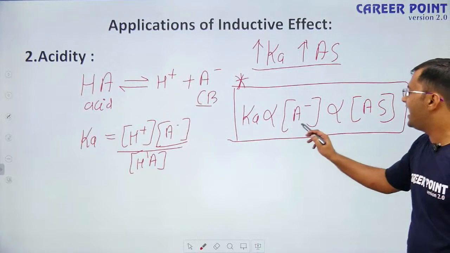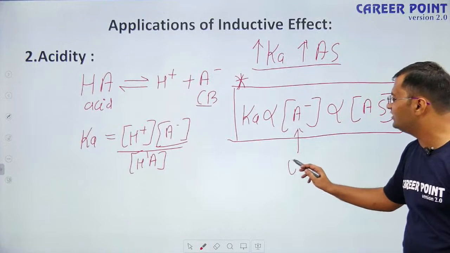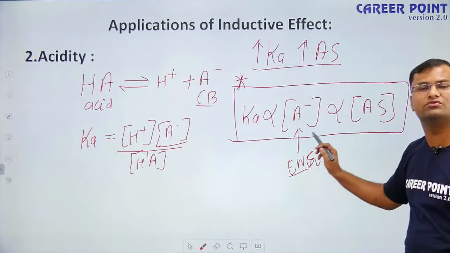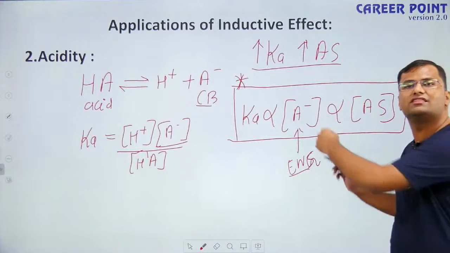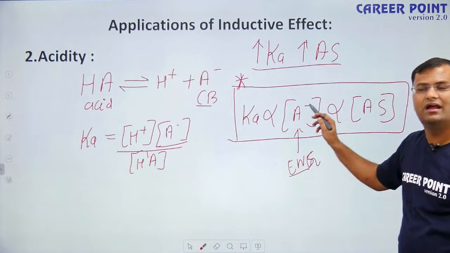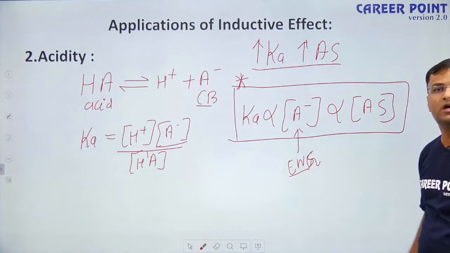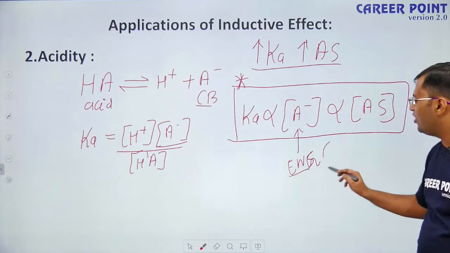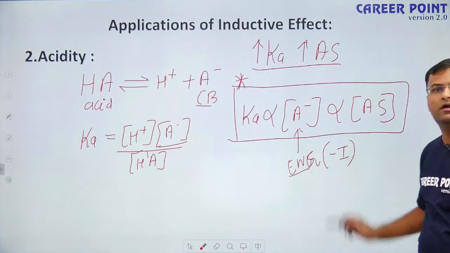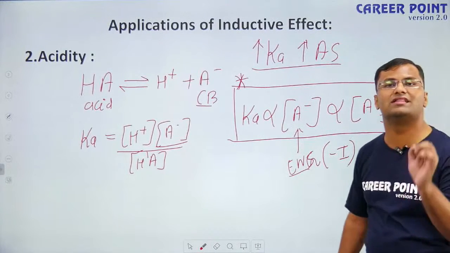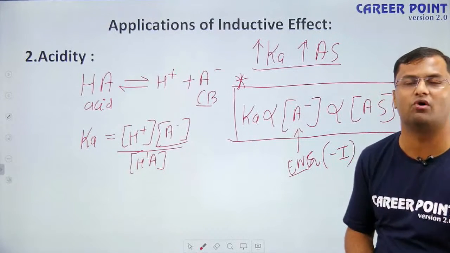This means that if any electron withdrawing group is attached to that carbon, it stabilizes the carbanion, so the acidic strength is more. So an electron withdrawing group, or minus I group, always increases the acidity of a compound.